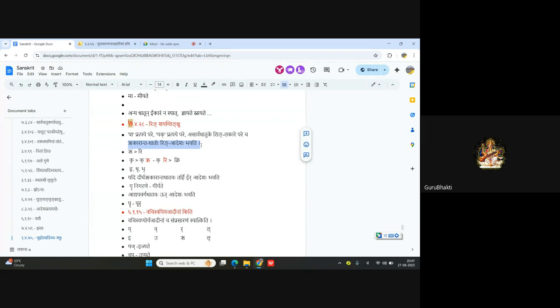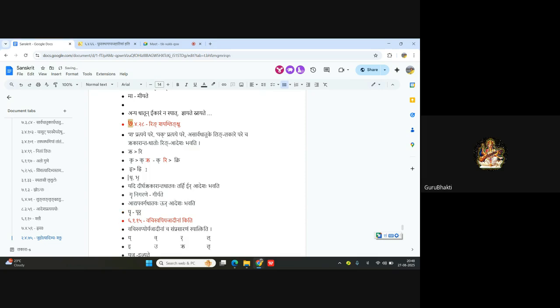Rukaranta dhatoho ri adeshaha bhavati. At the end, if there is rukara, then it changes into rikara. That's all. Hru becomes what? Hri. Next, Dhru becomes Dhri.